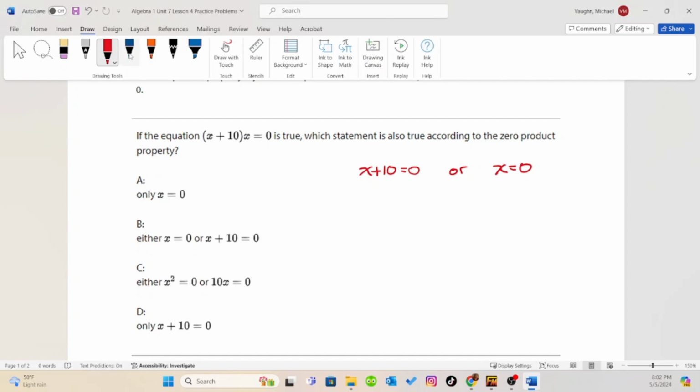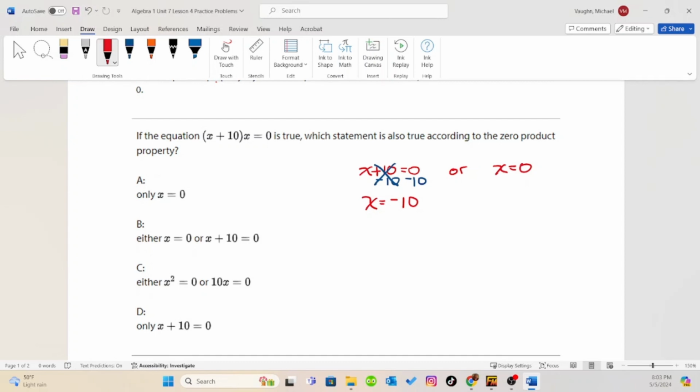And if it's x plus 10, then we would need to subtract 10 from both sides so that it canceled out on the left, and we would be left with x equals negative 10. So either x equals negative 10 or x equals 0.